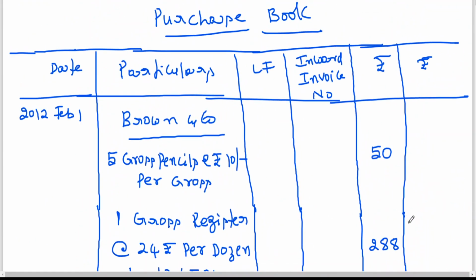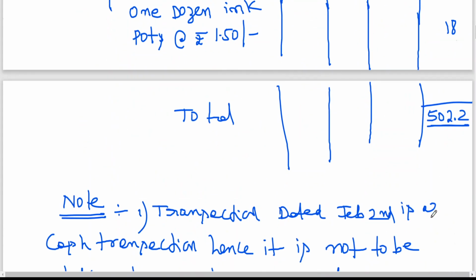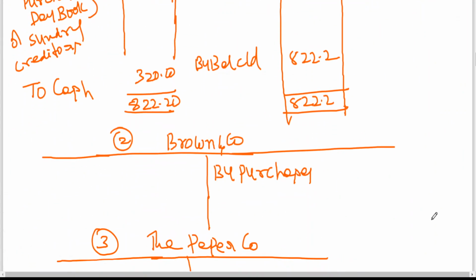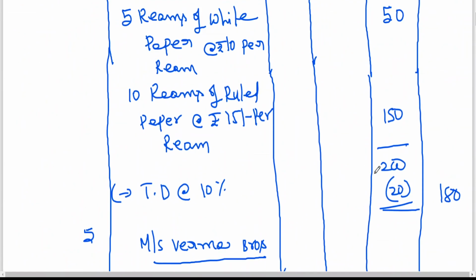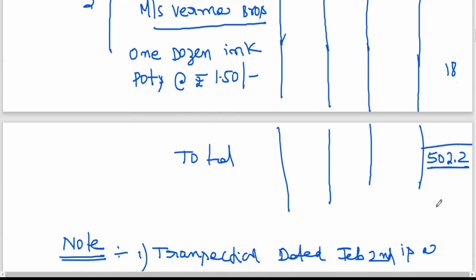What is the amount, sir? Here for Brown and Co., tell me, 304.2, because you know that for trade discount no journal entry is required. So 304.2. Similarly, you see the next one, Paper Co. 180 rupees.